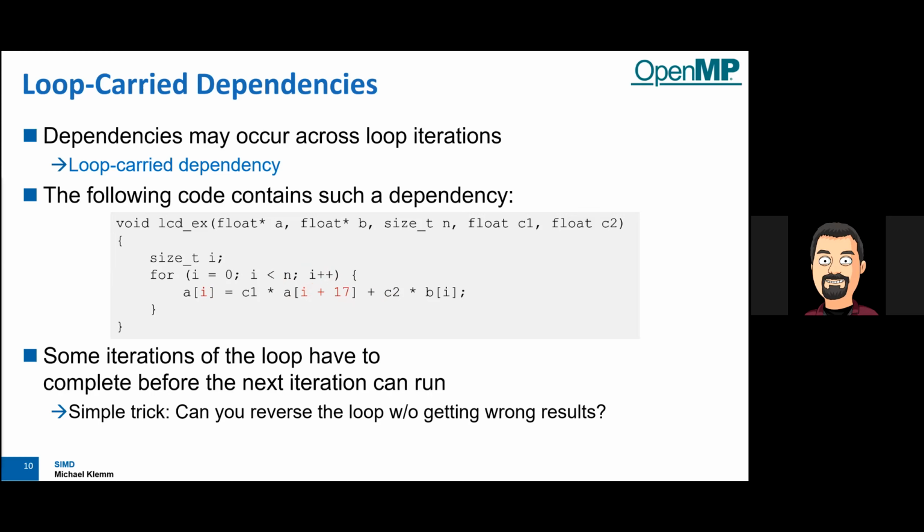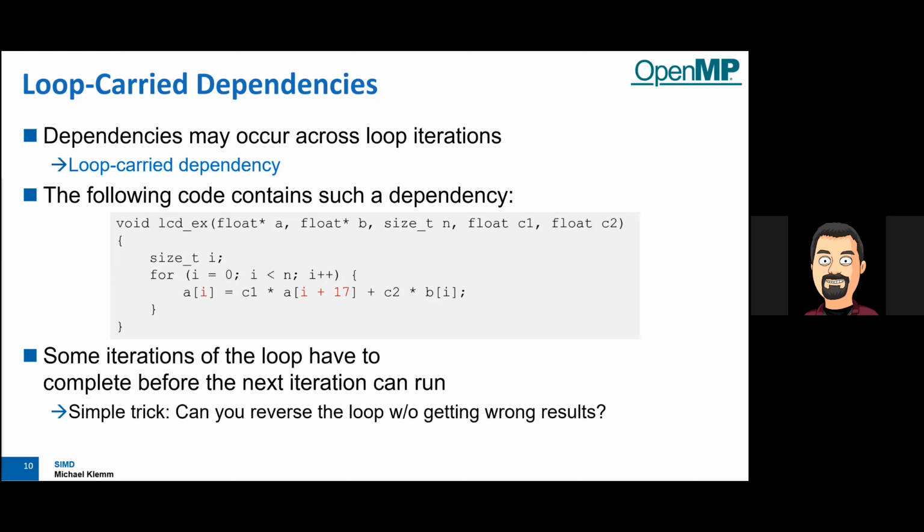So now we have a dependence that ranges, say, from iteration 0 to iteration 17, because A of 0 and A of 17 are used in the computation. In some other loop iteration, that A of I plus 17 may be used and overwritten by another iteration, right?